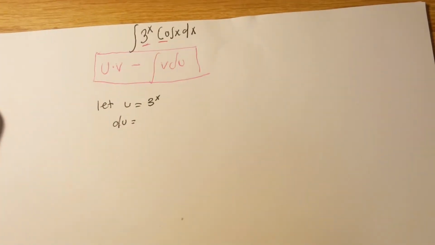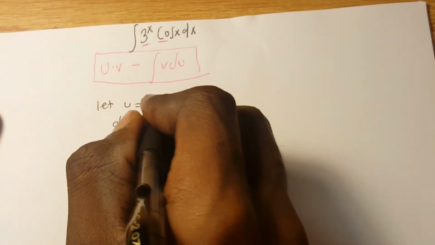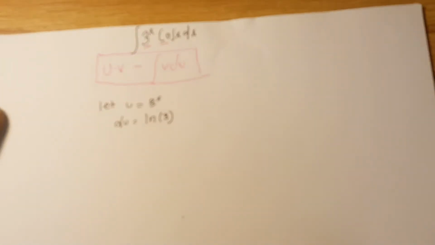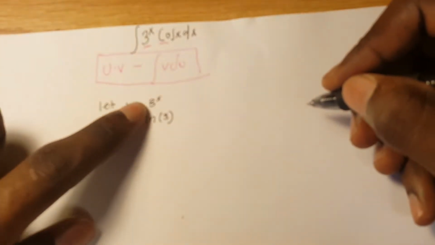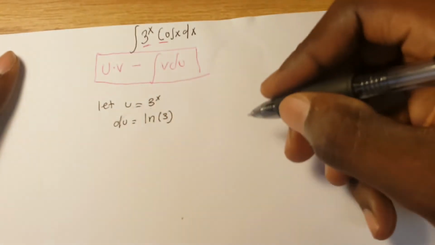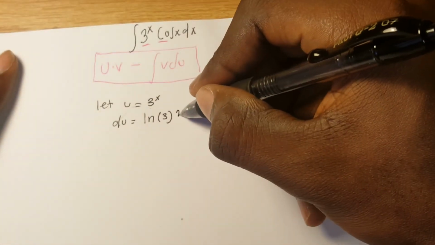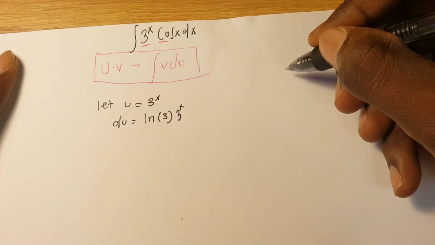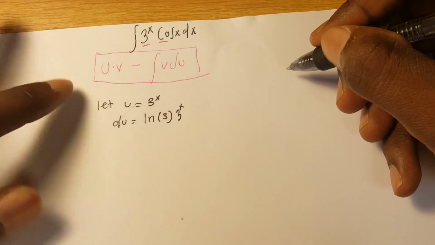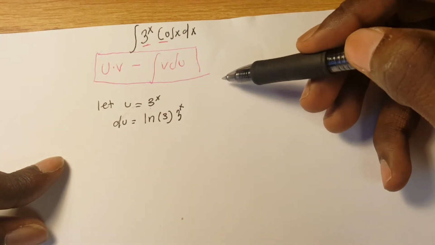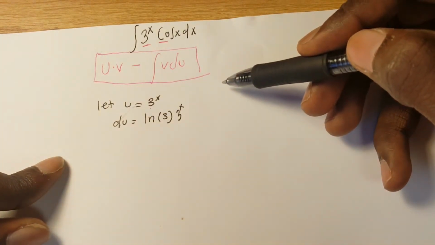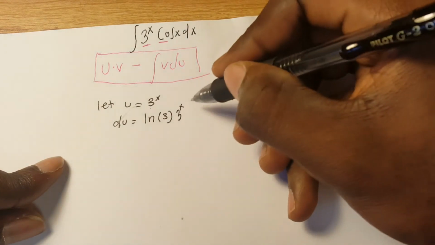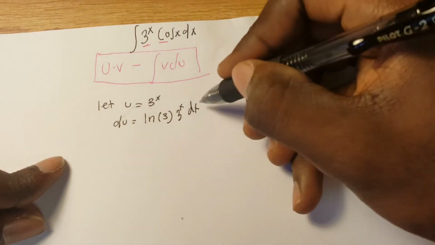The one you have to write down is the natural log of the base, which is 3. And that will be multiplied by the function itself. This is a special function, so 3 to the x. And that will be multiplied by the differential of the exponent, which in this case is 1. And that will be multiplied by dx. So we just bring our dx.